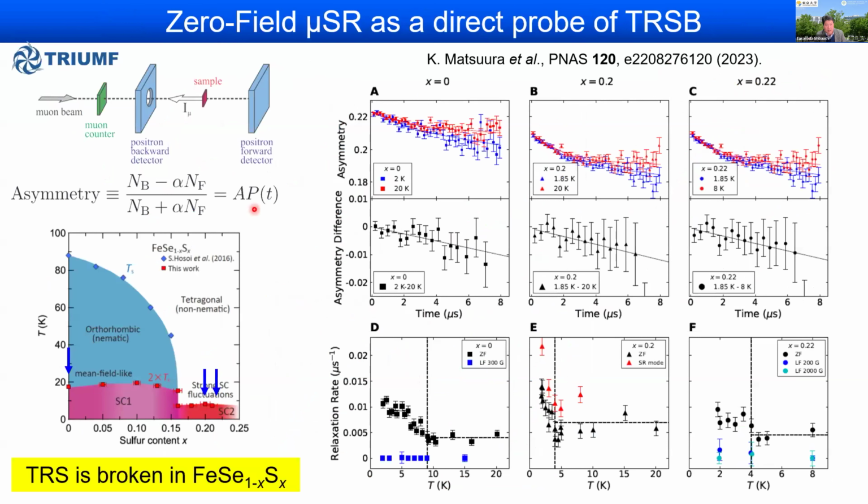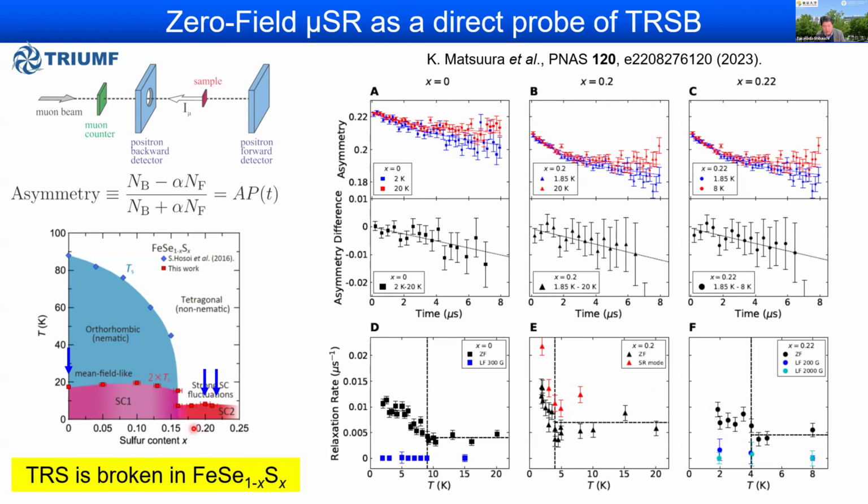To check this idea, we have measured the zero field μSR in collaboration with Tomo Uemura at TRIUMF. We find in these three samples, including iron selenium and the tetragonal iron selenium sulfur, that the relaxation rate of the μSR asymmetry shows an enhancement below Tc, which indicates that inside the superconducting state we have some kind of internal magnetic field appearing inside the sample, which is a good indication that time reversal symmetry is broken.